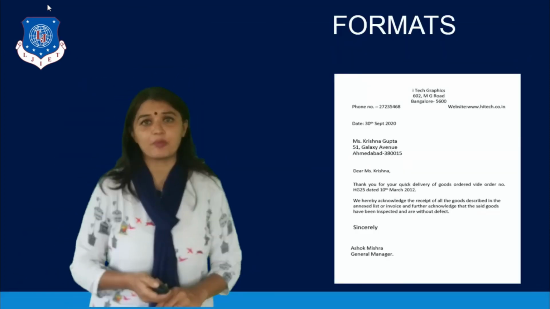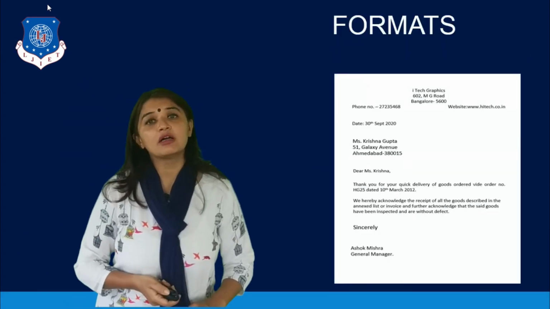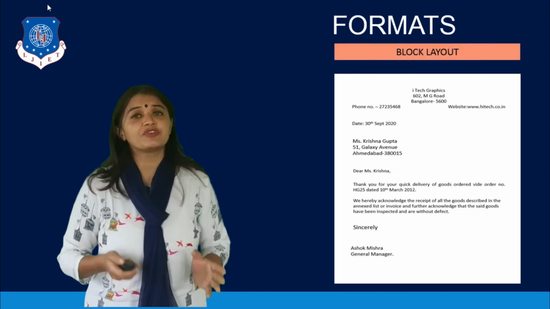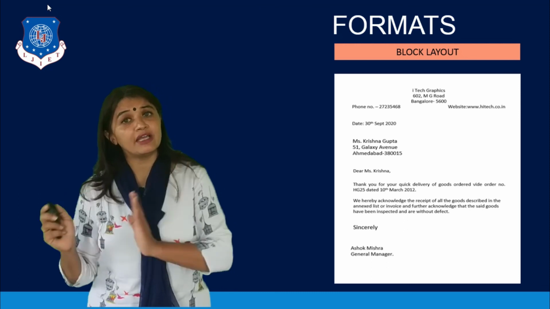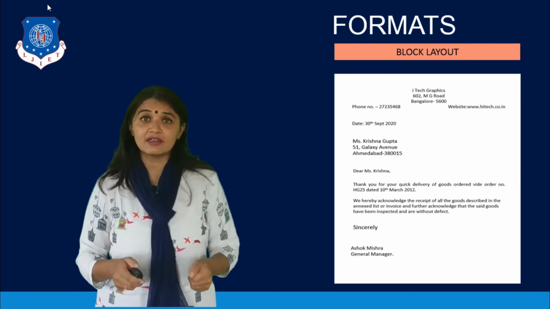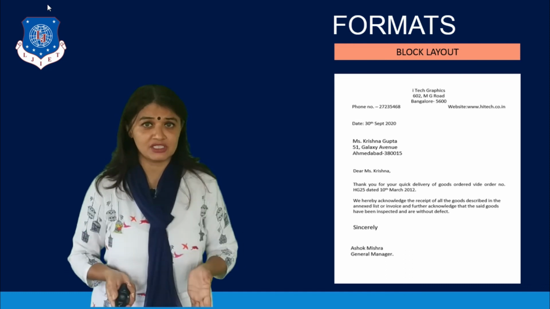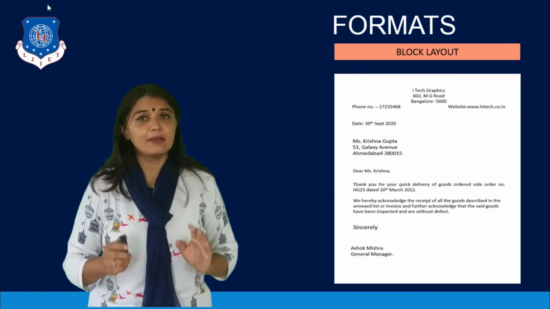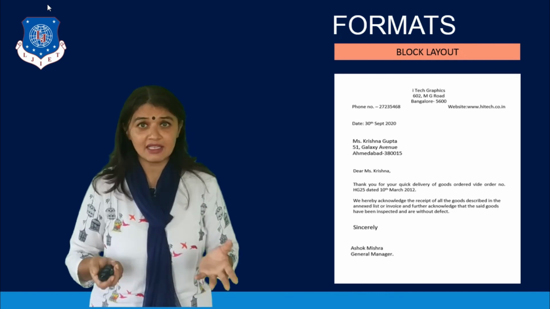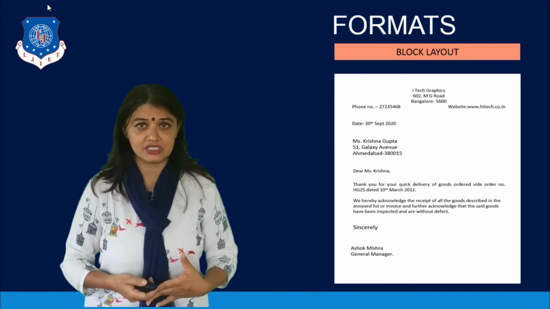This is the first format, and this is called the block layout. Now as you can see, all the elements of the block layout are justified to the left margin except for the letterhead or the heading. The letterhead or the heading may be centrally justified or left justified depending on the preference of the organization. If it is pre-printed, then it will definitely be centrally justified.